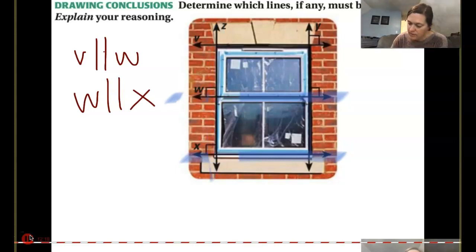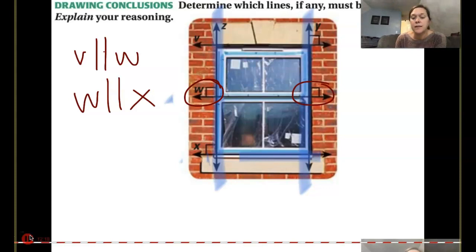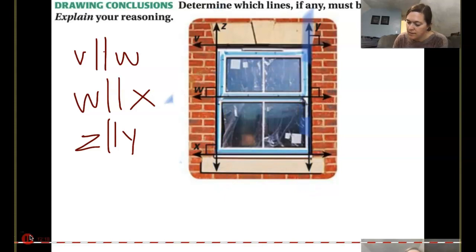And then we need to make that decision of whether Z and Y are parallel to each other. Well, Z is perpendicular to W. Is Y also perpendicular to W? Yes, it is. So right there we have enough proof to say that Z is parallel to Y. Are V and X parallel to each other that we know of?